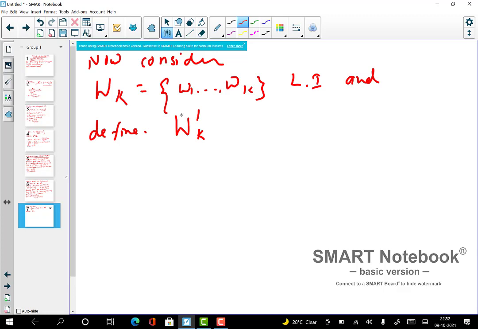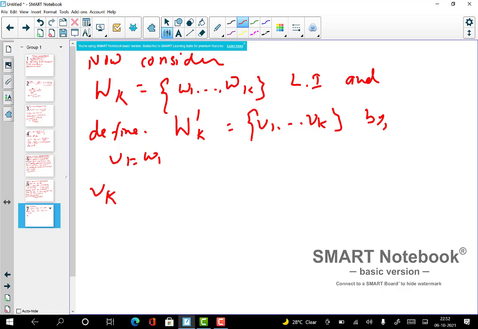Okay, so how do we define W k dash? So this is V1, V2, Vk by what? So your V1 is W1, and other than V1 you define any element. So let me write down the k vector first. This is true for any k.